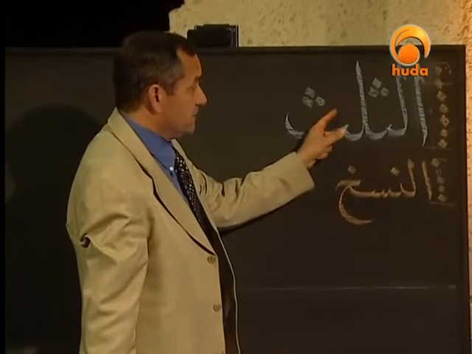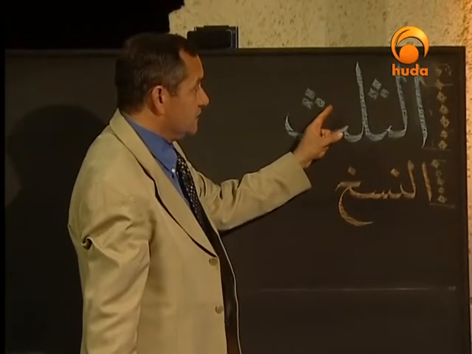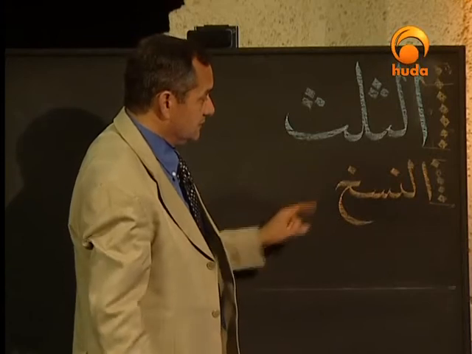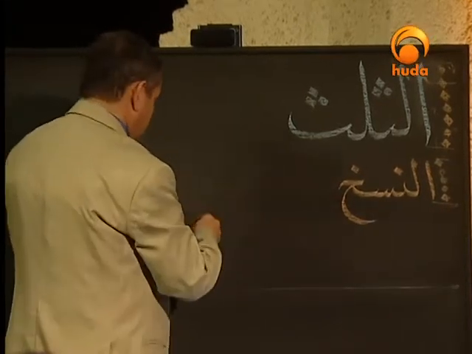So the first master of the Arabic calligraphy styles is Thuluth, Naskh, Riq'a.